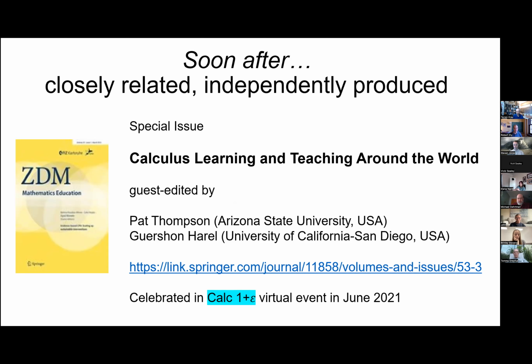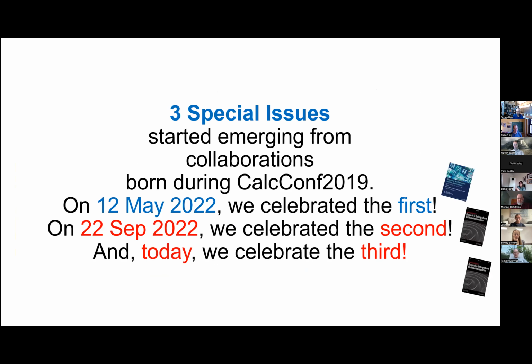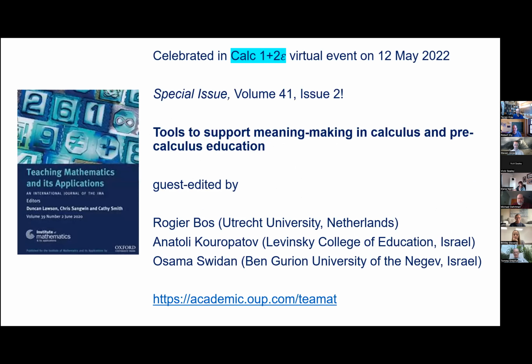That was actually followed immediately after the conference by 3 proposals we had for special issues that came out between 2022 and today. The proposals came out of teams that worked together during the conference in 2019. So we had our first event in May 2022, the second one in September 2022, and today we're celebrating the third special issue that came out of the conference.